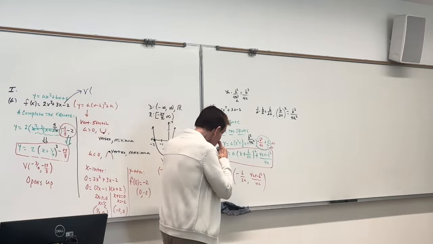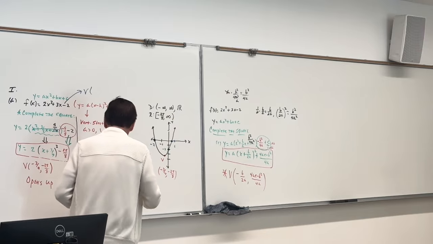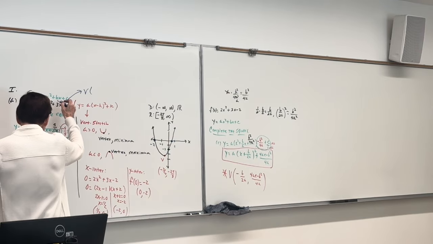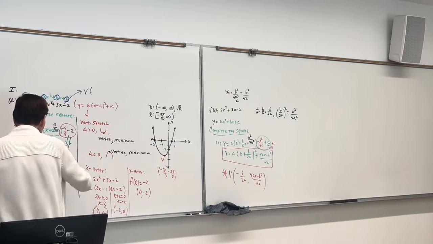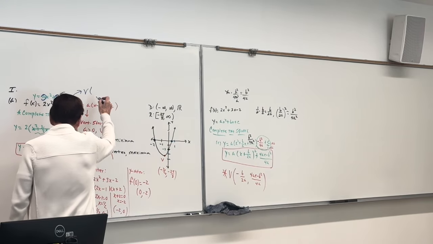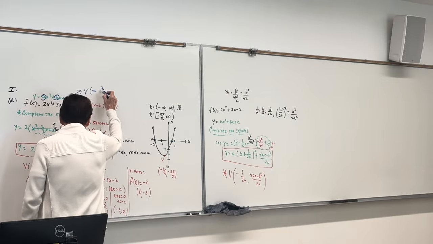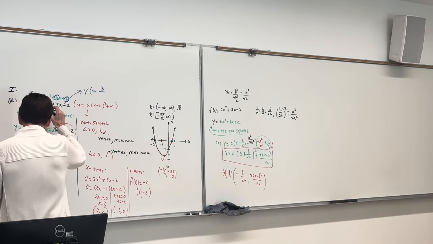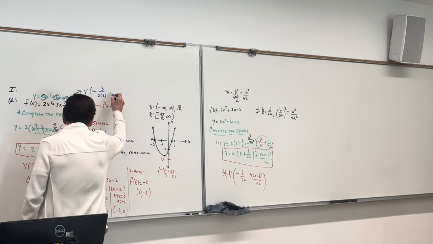First it says negative b over 2a. You said, Professor, what's that? Well, that's this. This is b, this is a, this is c. So in my case, b was a negative 3 he gave me, over 2 times a, and a is 2.